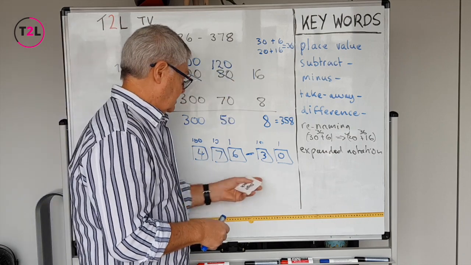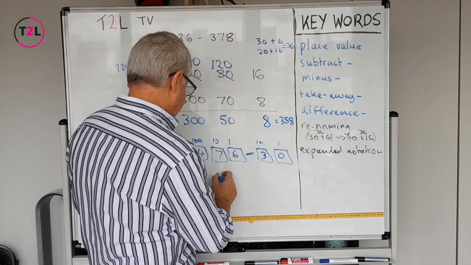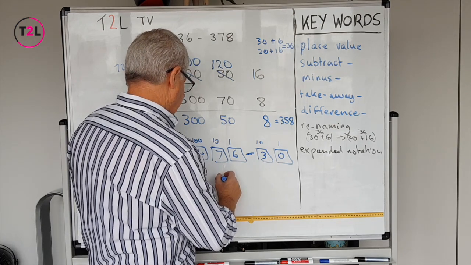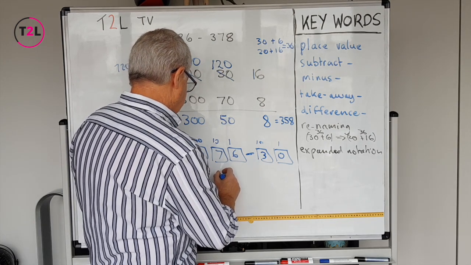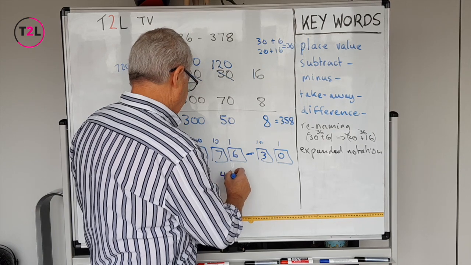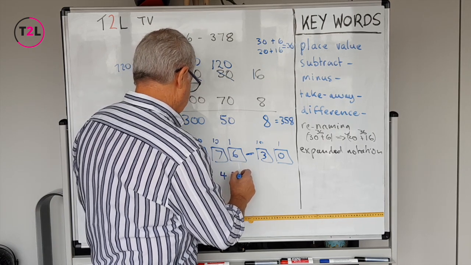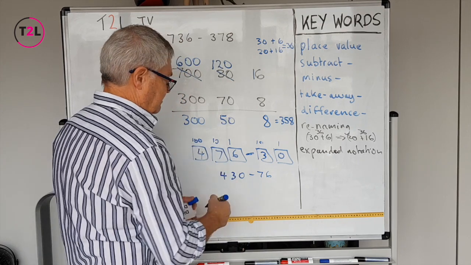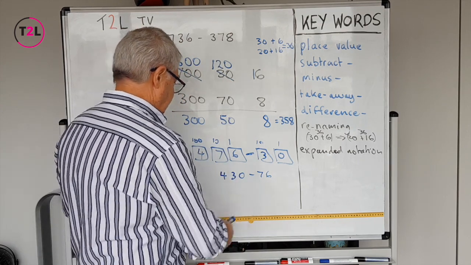If you're going around to the kids and somebody's ended up with 430 take away 76, well, there's going to have to be some renaming in that one. So you might use this kid's example.